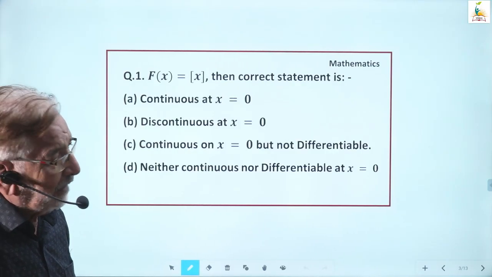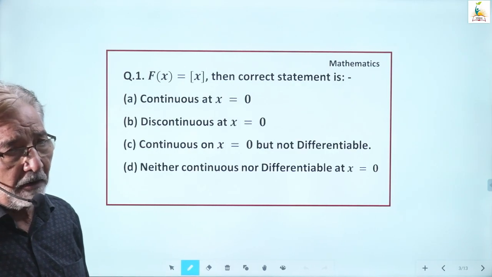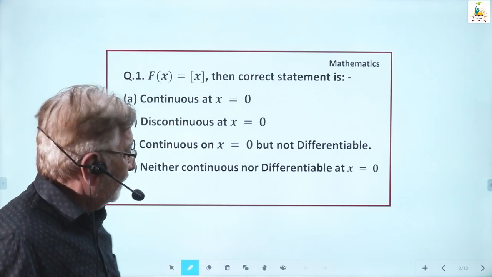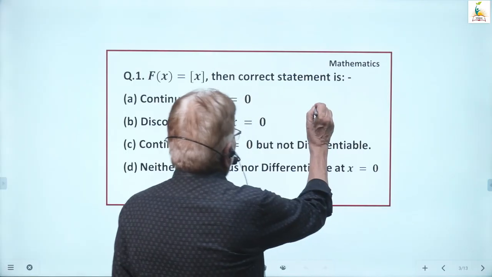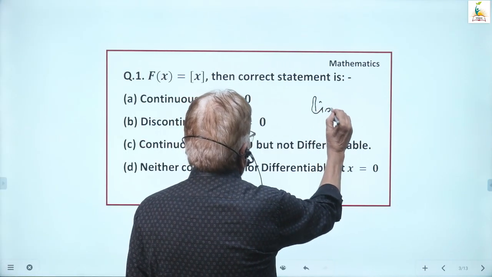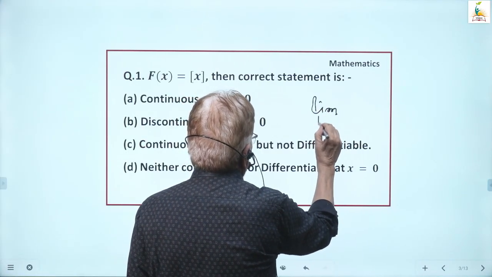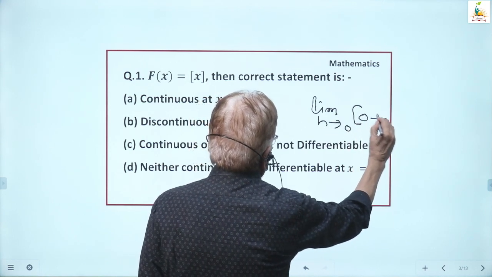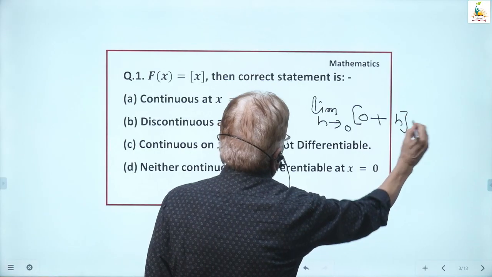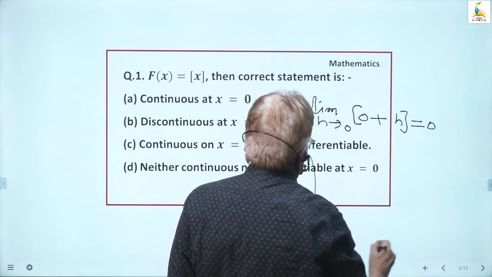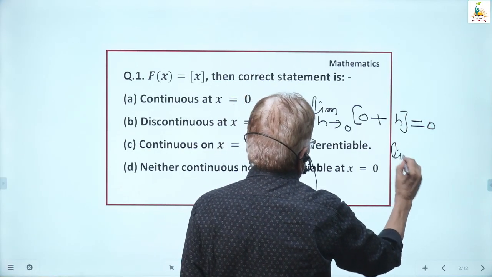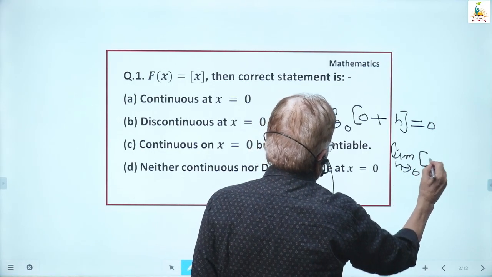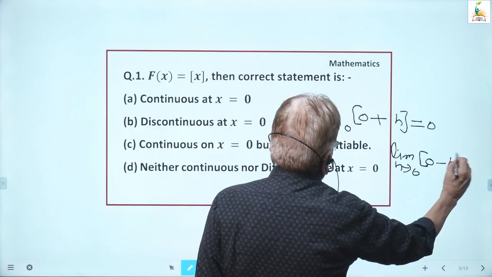If you have done the chapter on continuity thoroughly, you can see yourself that for greatest integer x, the limit as h tends to 0 of greatest integer of 0 plus h shall go to 0, and the limit as h tends to 0 of greatest integer of 0 minus h shall go to minus 1.